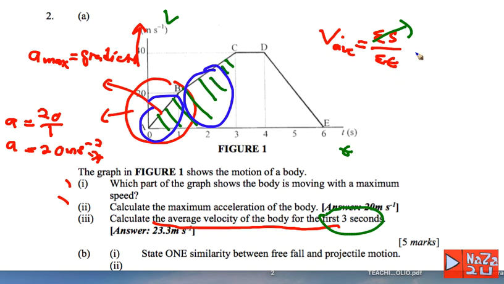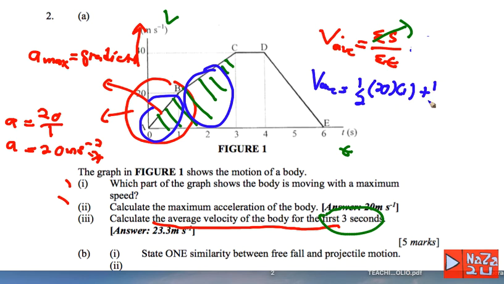For the first triangle, we have half, so V average is equal to the first triangle area, using the equation half times height 20 times base 1, plus the trapezium.